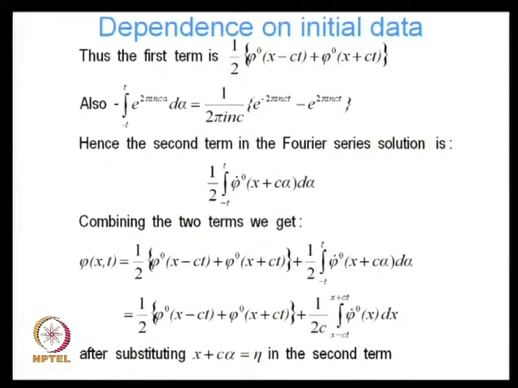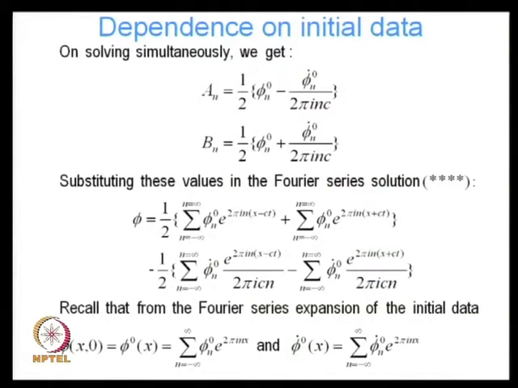Because we did that, the first term in the series is nothing but phi 0 of x minus ct, because phi 0 of x is equal to the sum from n equal to minus infinity to infinity of phi 0 n e to the power 2 pi i n x. So what is the first term? The first term is phi 0 of x minus ct, because this is exactly the same except that here I have x minus ct and here I have x.